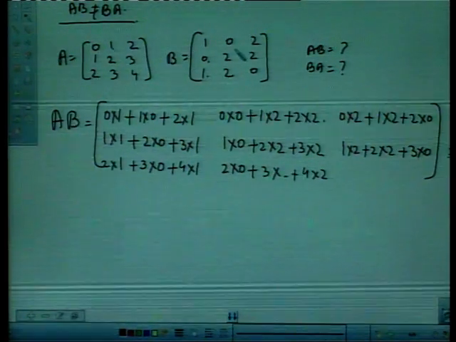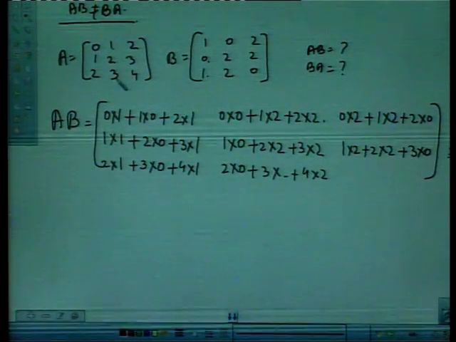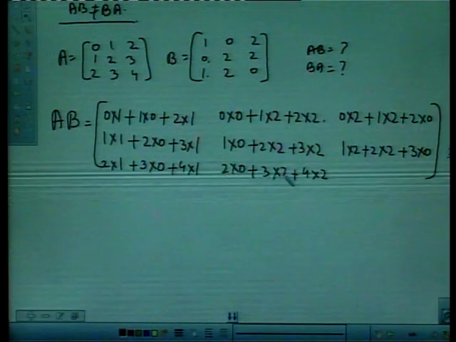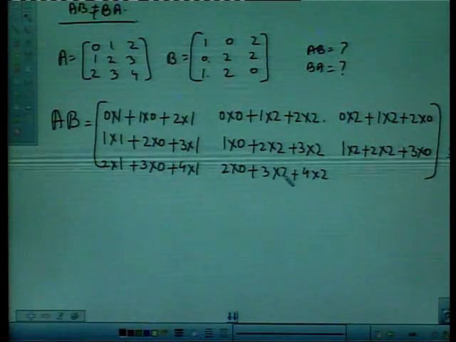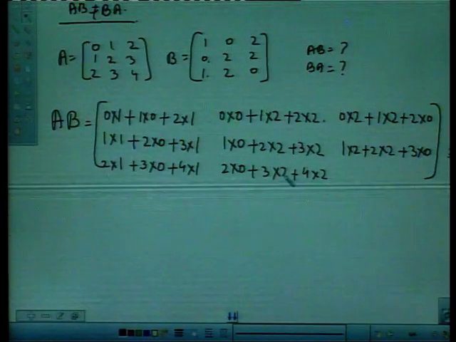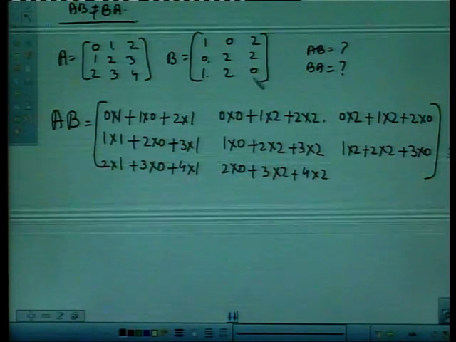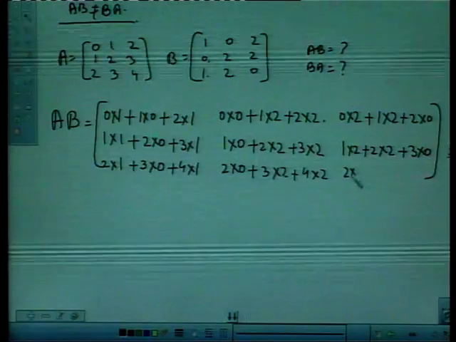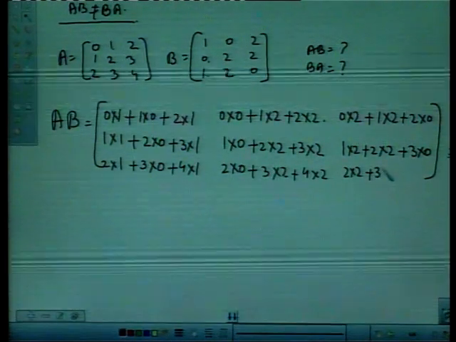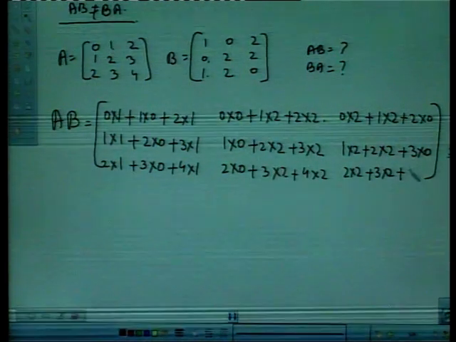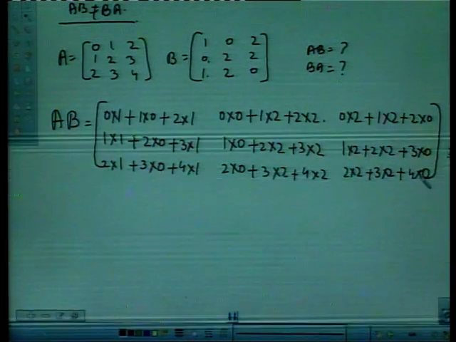Now third row and third column: 2 multiply by 2, 3 multiply by 2 and 4 multiply by 0.